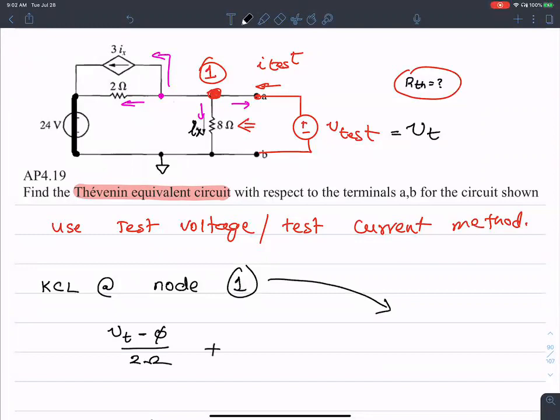Plus there's a current going north, which is given to be 3 times Ix, and a current going south, which is 1 times Ix. And the current going east is negative I test. All of that is 0.